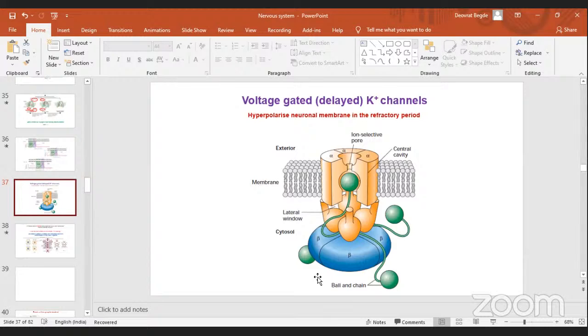They are also called channels which open in response to change in potential, but the opening is slightly delayed compared to what we have seen in the case of instantaneously opening sodium ion channels.